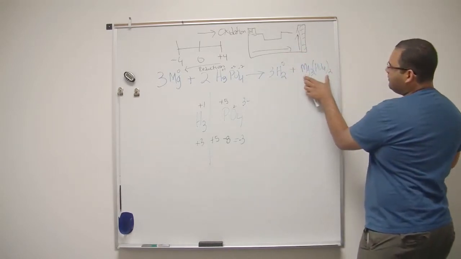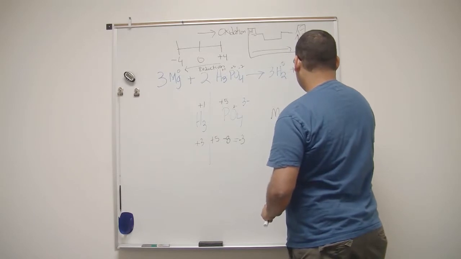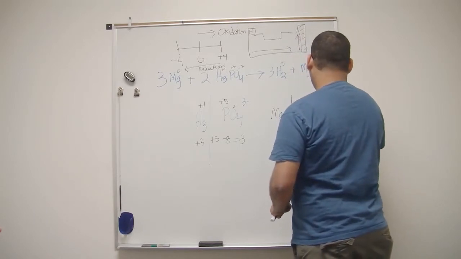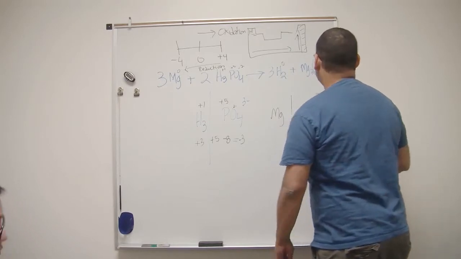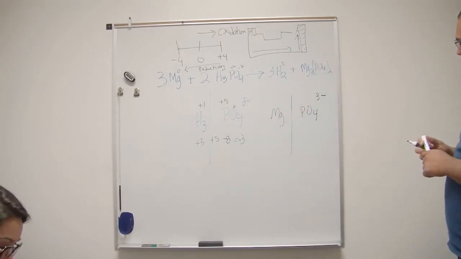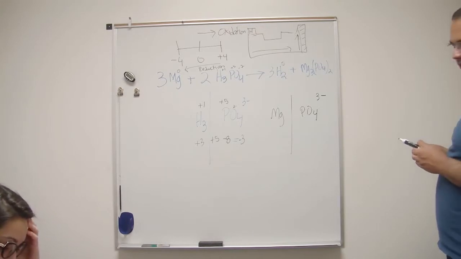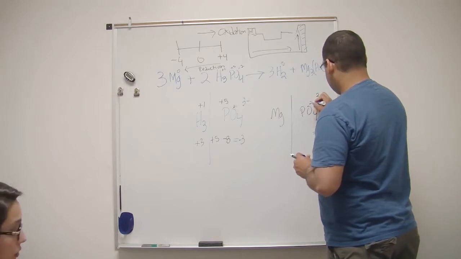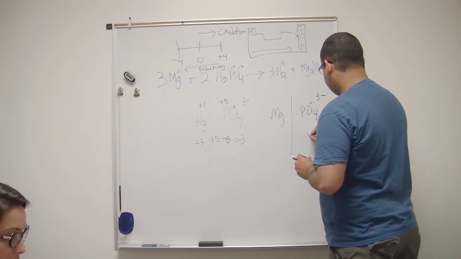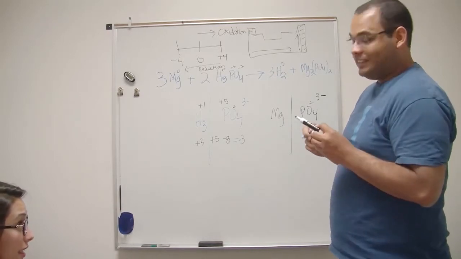Now let's do the same thing here. I break them apart: PO4, 3-. Can you tell me the oxidation number for oxygen? The oxidation number for oxygen is 2 minus again. Why? Because here it's the most electronegative.